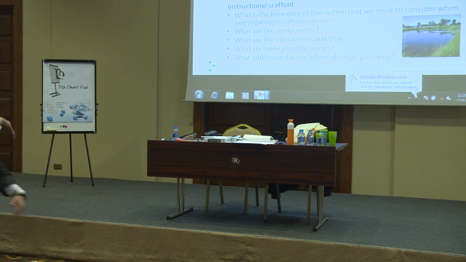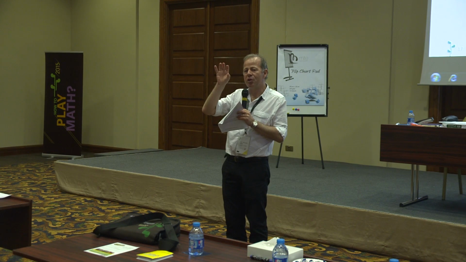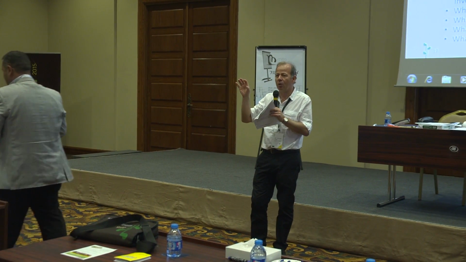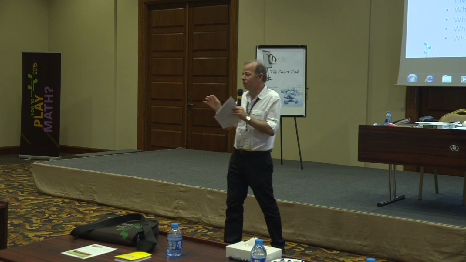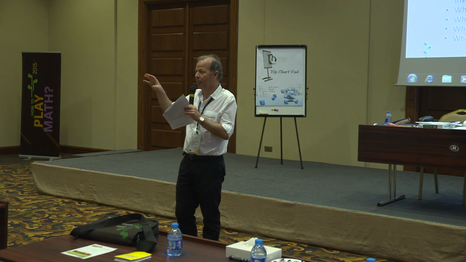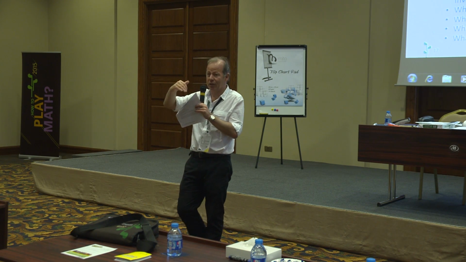Okay, so please return back to your seats. As you notice, through this lens of systems, it helps you focus on what are the things that may be important. If you look around the room, you all have a lake, but many of you included things around the lake. How many of you have rivers that go into the lake?